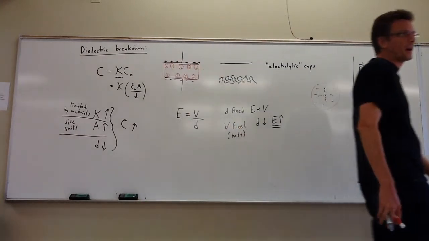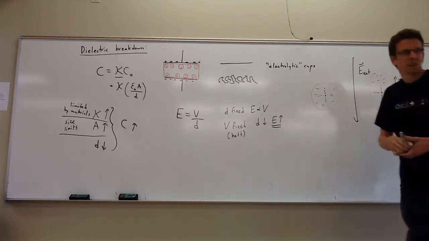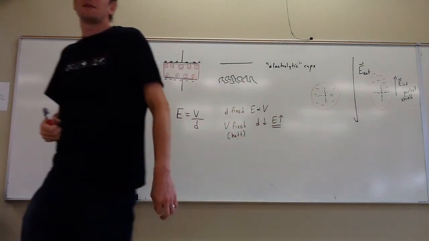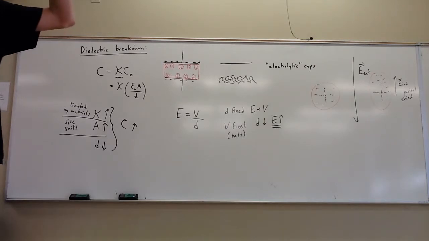So, here's what happens though. A little bit of this is good, because that's what gets you your partial shielding, right? A little bit of this means that now there's a plus over here and a minus over here, so there's your E induced, and that's what gets you your partial shield. But there is going to be a point where these minuses not only get pulled upstream, they literally get yanked off of the thing.